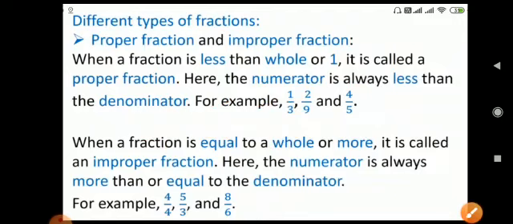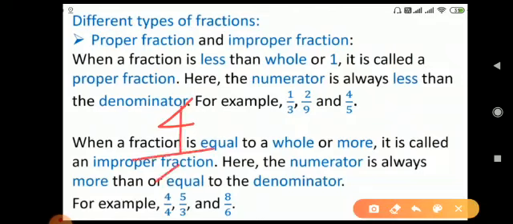Then, when a fraction is equal to a whole or more, it is called an improper fraction. Here, the numerator is always more than or equal to the denominator. For example, 4 upon 4. In this fraction, you can see both numerator and denominator are the same. So, it is called improper fraction.